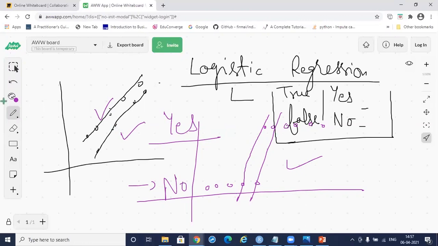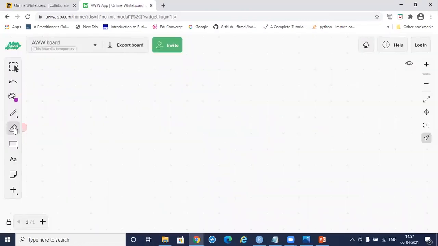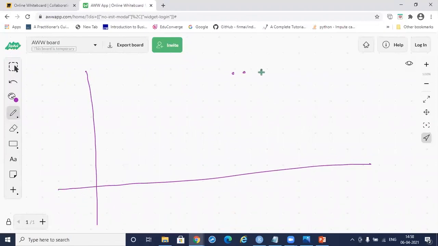We need an alternative. So what can we do here? Suppose this is data related to diabetes.